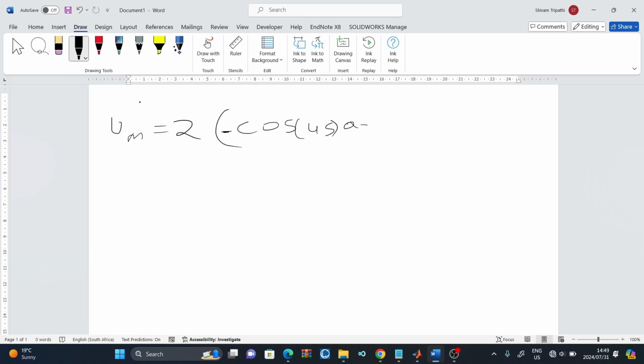Then our x and y direction is still the same. And that will give us more or less minus 1.14 ax and minus 1.14 ay. So that's the speed of the man with respect to the boat.